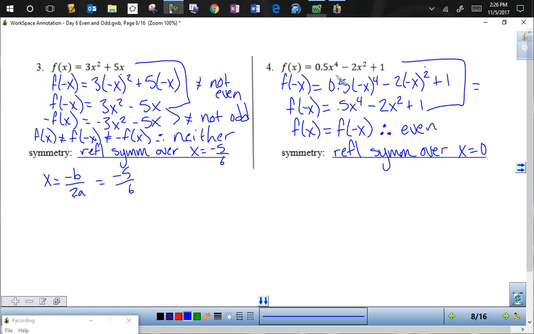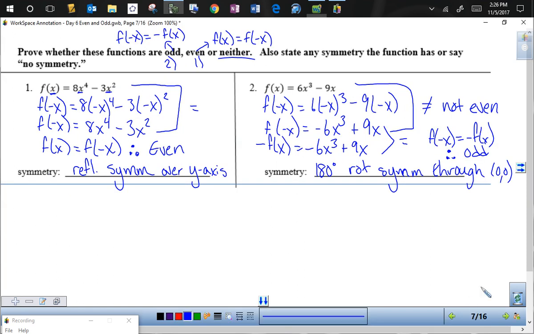Backtracking over here, we got x to the fourth, x squared, and plus 1 on the end. Here was x squared, x to the first, ended up being neither. Here we've got x cubed and x to the first being odd, x to the fourth, x squared being even.